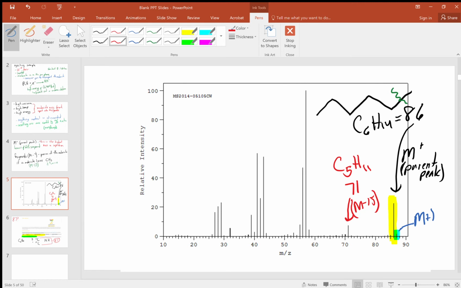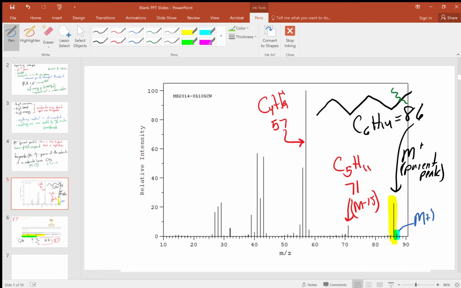We could, instead of just chopping off 1 carbon, we could have chopped off 2 carbons. That would have given us C4H9 plus, or a mass of 57. And we can see that it is this large peak. And we can continue through the compound.